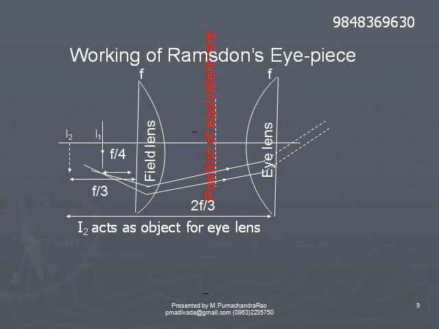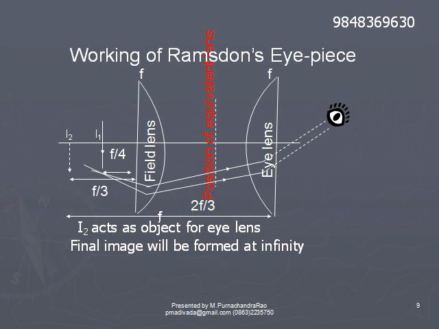The distance of I2 from the eye lens is f, hence the rays coming from this object can be considered as parallel rays, and the final image will be formed at infinity. The final image is inverted and large in size.